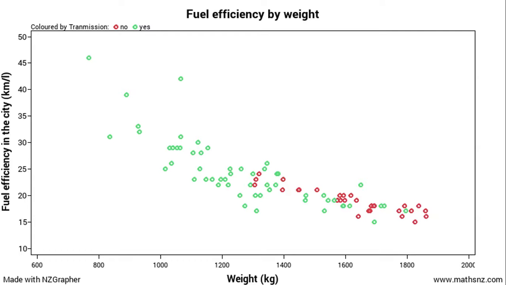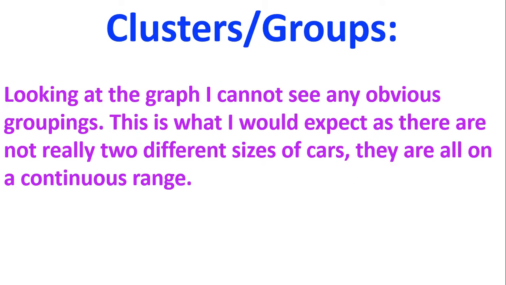The other one is the transmission type, whether it's an automatic or not. Again, the green dots are spread throughout the whole data series, and the red dots are towards the end there, but they're not separated groups. So again, there is no clear distinction here, no clear subgrouping going on.